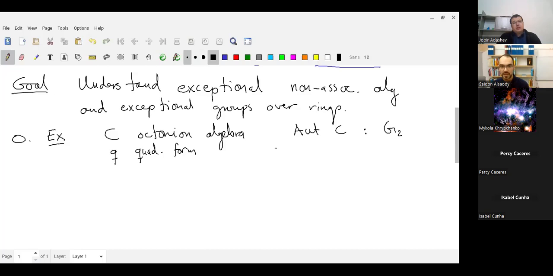Then if you look at the orthogonal group of the quadratic form, take its connected component and take the simply connected cover of this, you get the spin group of Q. And this is a group of type D4, which for the purposes of this talk is an exceptional group because of its Dynkin diagram, which is the only one that has an order 3 automorphism, and that gives us triality.